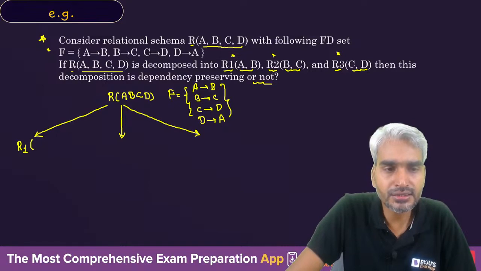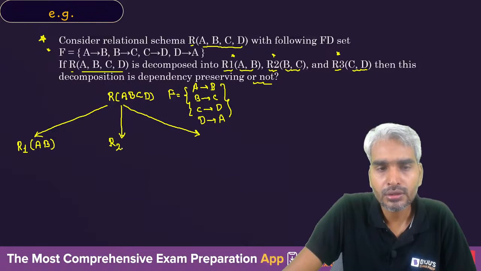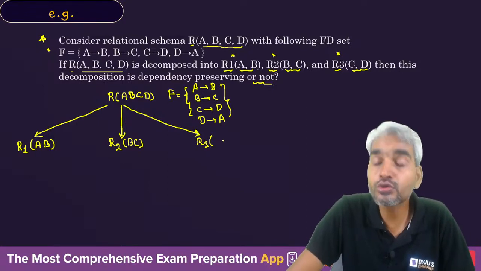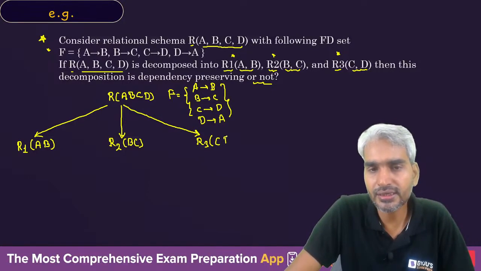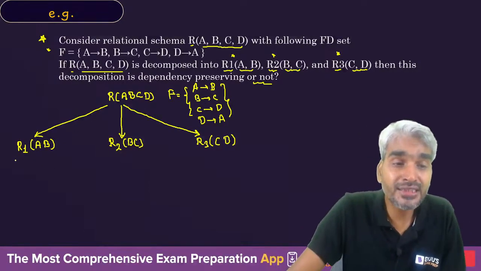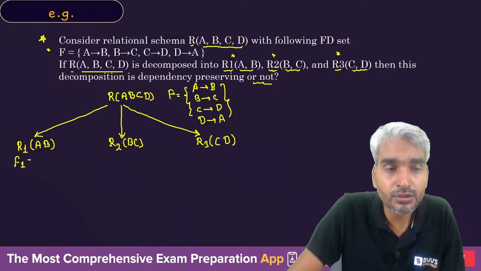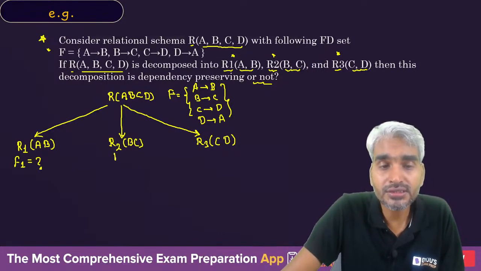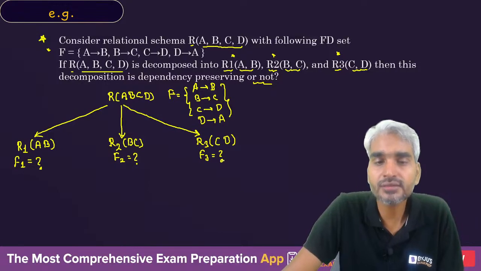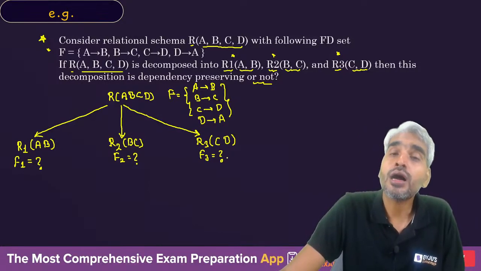R1 consists of 2 attributes A and B. R2 consists of 2 attributes B and C. Similarly, R3 consists of 2 attributes, again not 3, C and D. But what we don't know is the FD set F1 with respect to relation R1, the FD set F2 with respect to relation R2, and the FD set F3 with respect to relation R3. So how do we determine this?